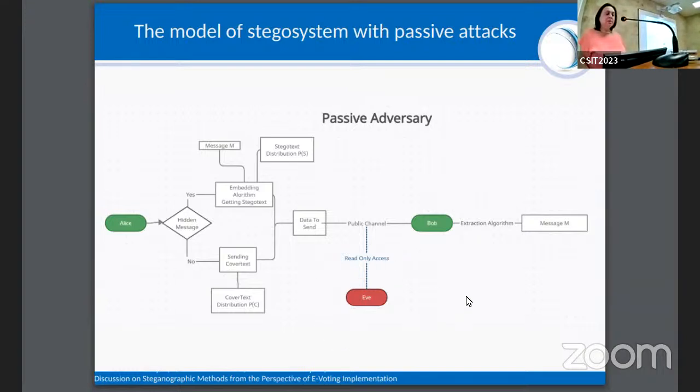We considered hypothesis testing in this model. You know that hypothesis testing can have two types of errors, and these errors are connected. You cannot achieve a situation with both errors very small, and then the attacker must decide which is more important. And our result was to find the relationship between these error probabilities.